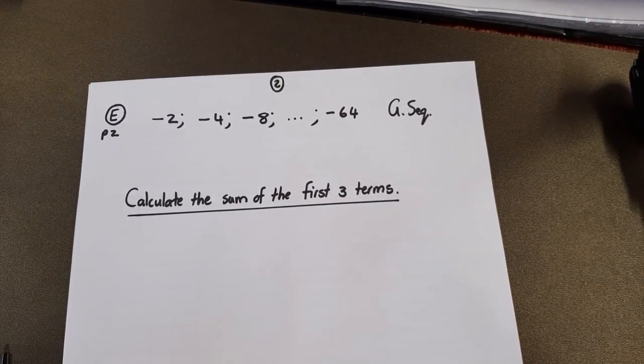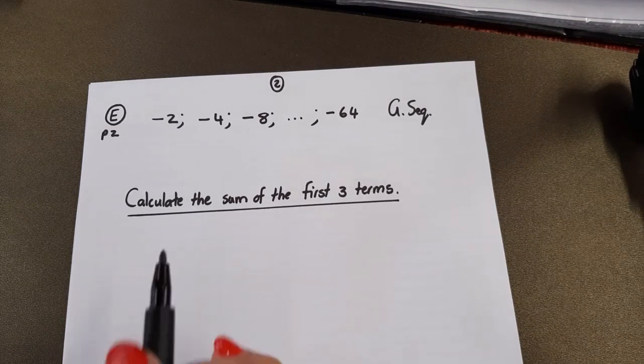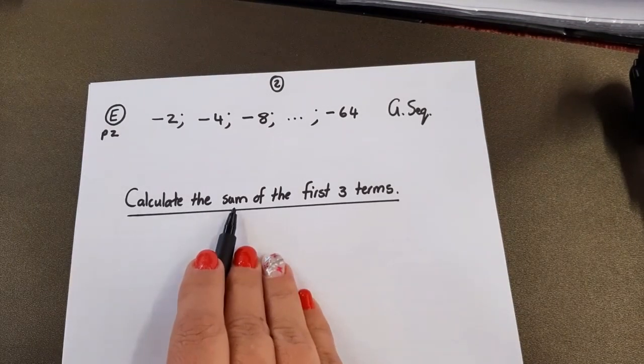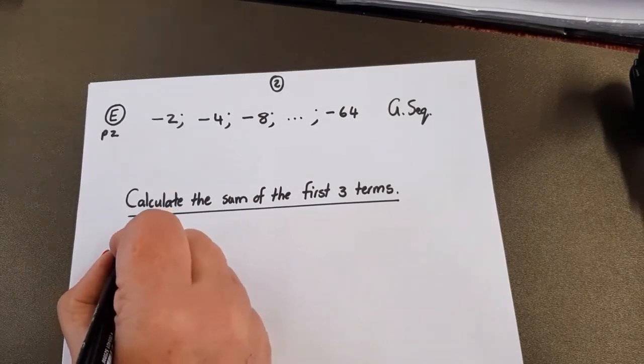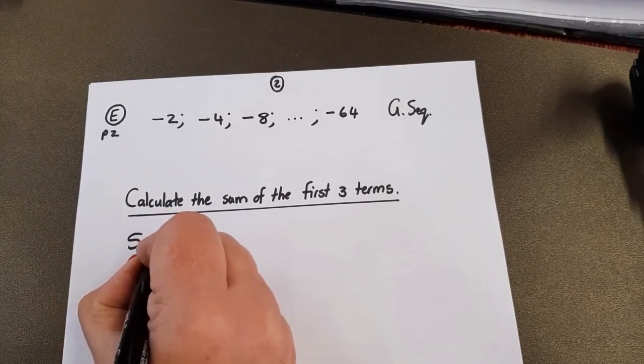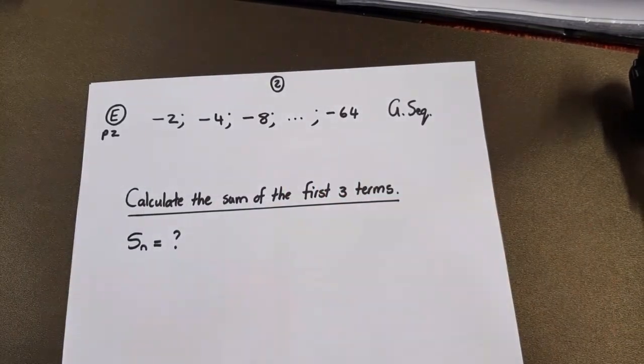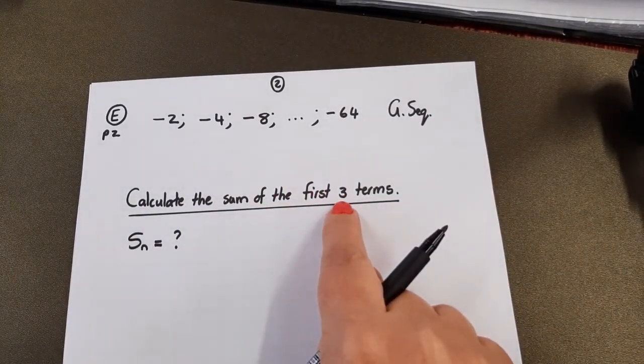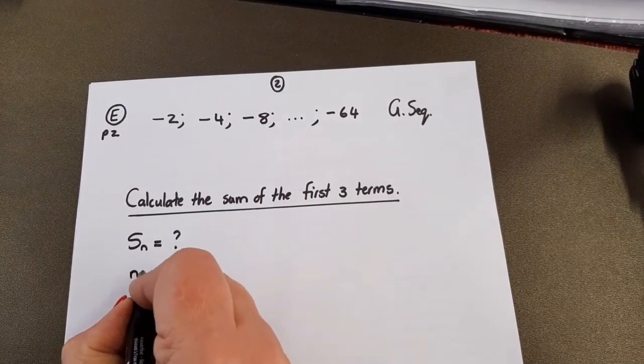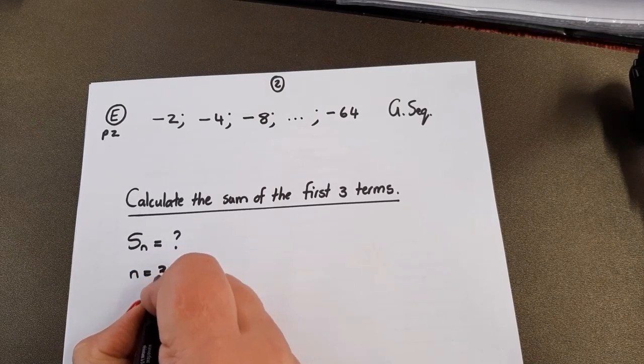It's always good practice to write down what you have and what you want. Calculate the sum, so we are going to need the Sn of this sequence of the first 3 terms. So we only need to calculate the sum of 3 terms. In this case, n will therefore be 3.